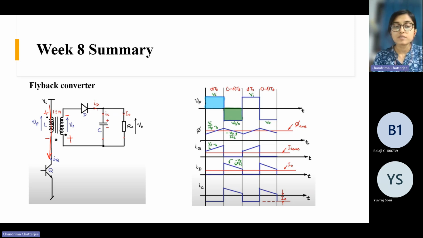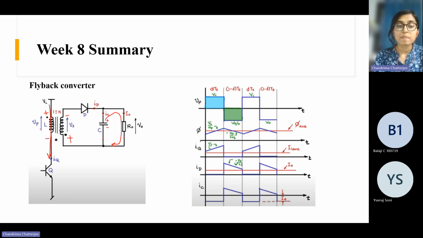Now the diode is reverse biased, so the current is provided by the capacitor. Just like the buck boost converter, where during dTs period the inductor gets energized and the load current is provided by the capacitor. And in the (1 minus d)Ts period, what happens is you turn off the switch.